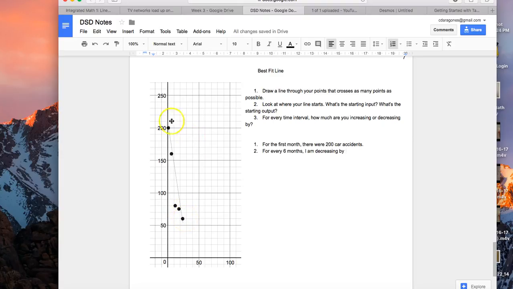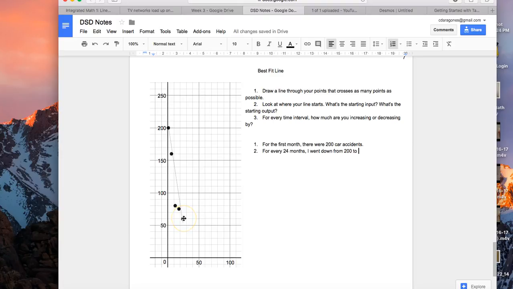So approximately, okay, I'm going to look from my starting point to my ending point. So for every 24 months, because this is a total of 24 months, I went down from 200 to 10, 20, 30, 40, 50, 60, 70, 80, 90, 100, 110, 120, 130, 140.